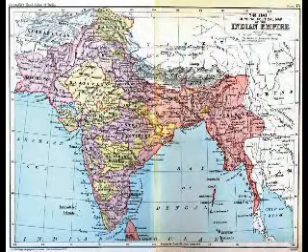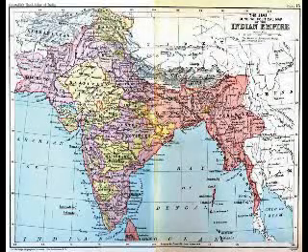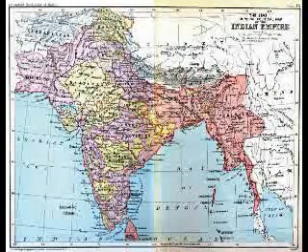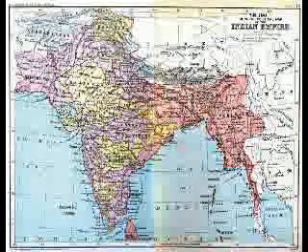Consequently, the rulers felt no need to undertake even the minimum of measures to ensure the goodwill of their subjects. Most states were run on out and out autocratic principles.